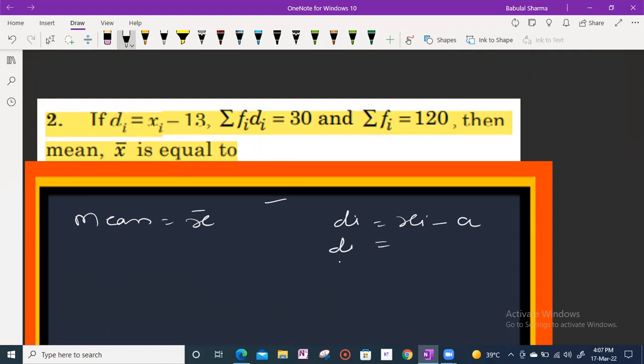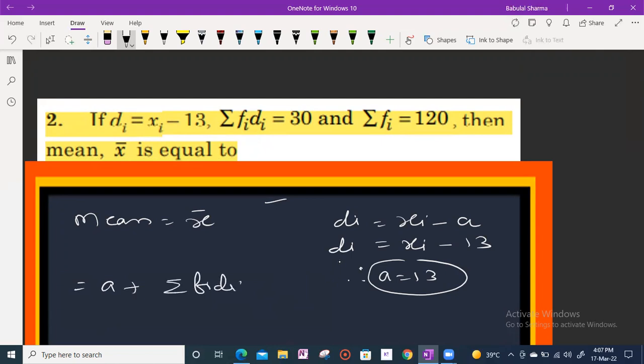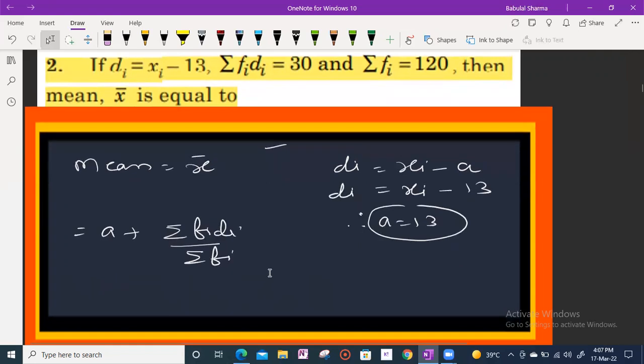In this question, di is given as xi minus 13. Therefore, the value of a, the assumed mean, is 13. And the formula for the mean is assumed mean plus the total of fi into di upon total fi.